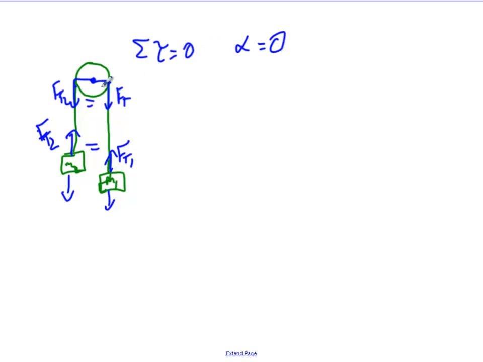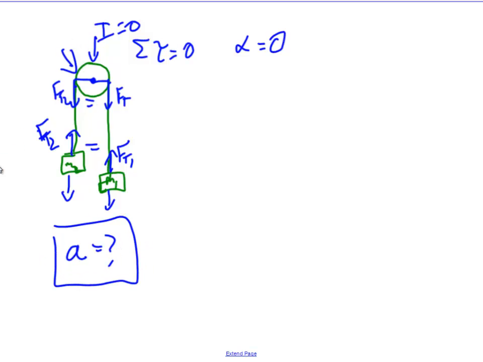The only time that wouldn't be true is if the moment of inertia here is 0, because if it's got no mass, then it doesn't take any torque to accelerate it. But pulleys actually do have mass. So we're going to take a look at how to solve this problem. How do I find the acceleration of this system if there is actually a massive pulley up here?